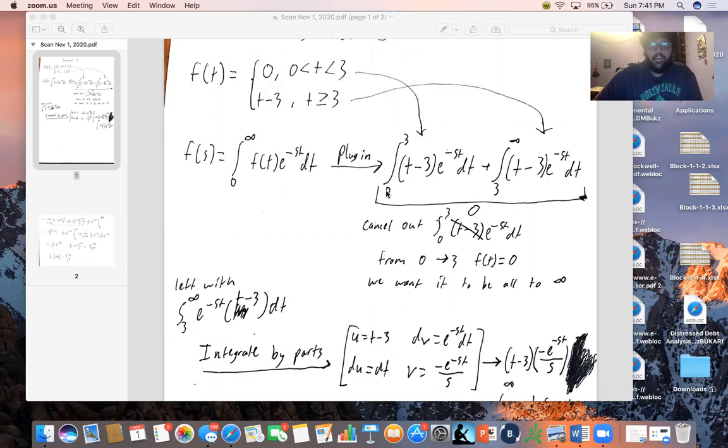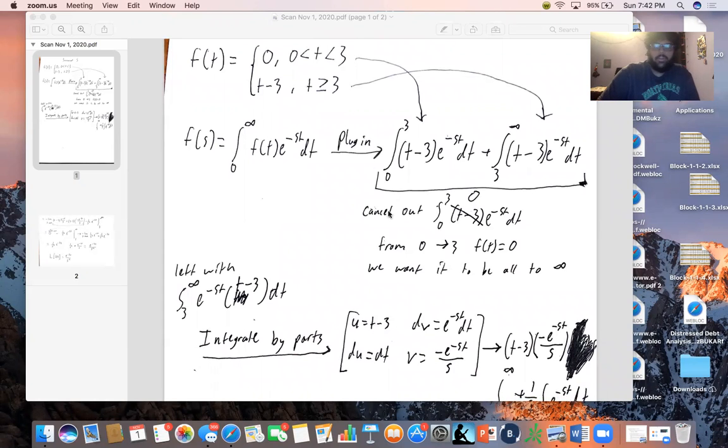So we get the integral from 0 to 3 of 0, plus the integral from 3 to infinity of t minus 3 times e to the negative st dt. These two things represent what we plugged in from the piecewise function.